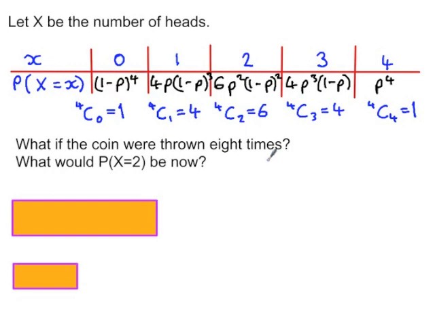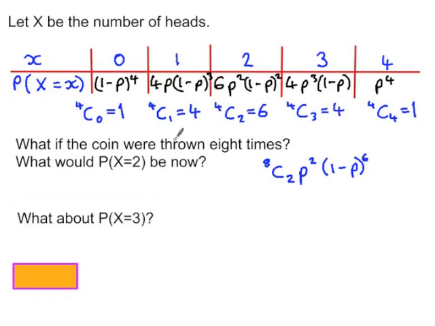We can instead go 8 choose 2, and then p squared, because p is the probability of throwing a head, and 1 minus p for the other 6 branches. And still with 8 throws, what's the probability that we have 3 heads?